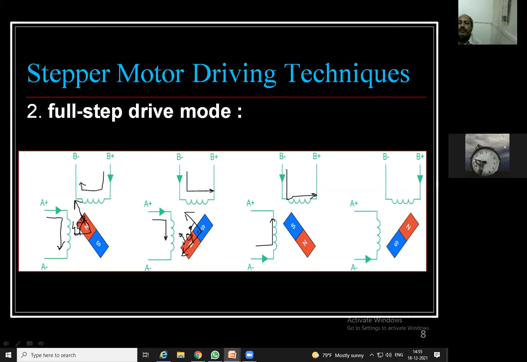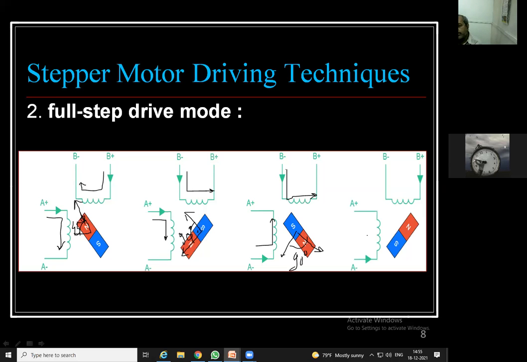So again it is transferred from this position to this position, and again it has a step angle of 90 degree.